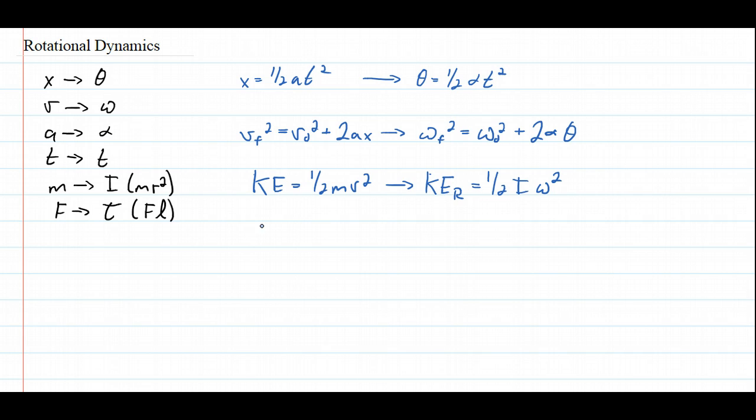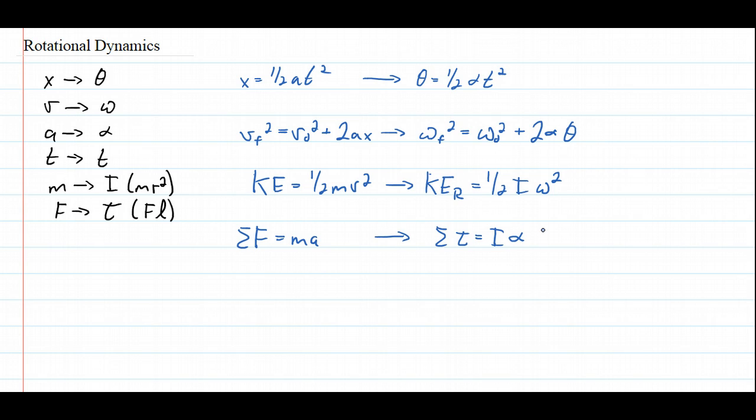And then what we're going to talk about today is one more formula, F equals ma. We can say the sum of our forces equals mass times acceleration. And we do the same thing. We replace our linear variables with rotational variables. So this becomes the sum of our torques equals our moment of inertia times our angular acceleration.